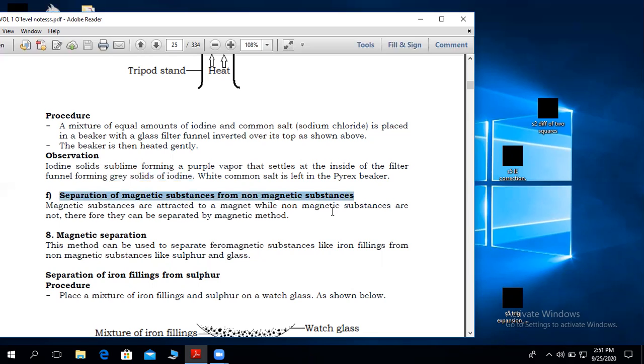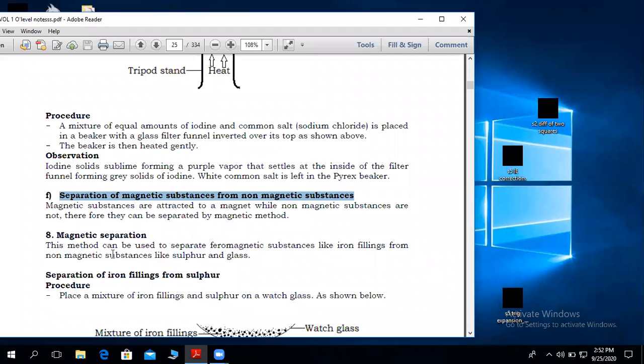Those two solids can be separated successfully by using a magnet, such that the magnet attracts the magnetic material and leaves behind the non-magnetic material. So magnetic substances are attracted to a magnet, while non-magnetic substances are not. Therefore, they can be separated by the magnetic method.